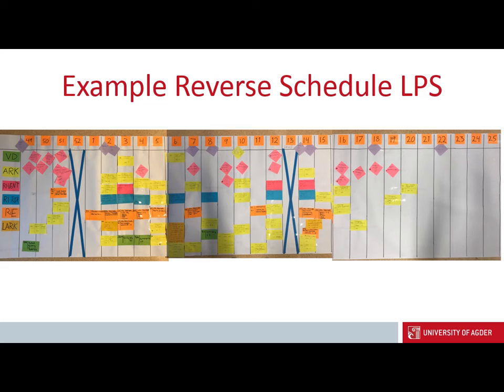Of course, one line for one trade, one discipline, is quite easy to read, but when it comes to the input and output between the different disciplines, it could be quite complex and almost impossible to read. And this is frequently also work breakdown structure based.